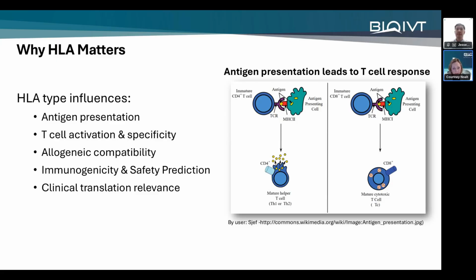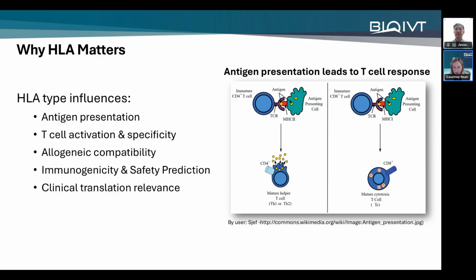And certainly HLA can influence immunogenicity. If a therapeutic target is presented in the context of a specific HLA and your donor doesn't express that allele, that's where you can have downstream assay failure and fail to detect the appropriate response. This can have major implications for safety and even clinical translation.